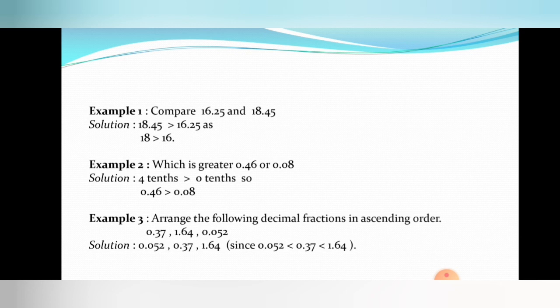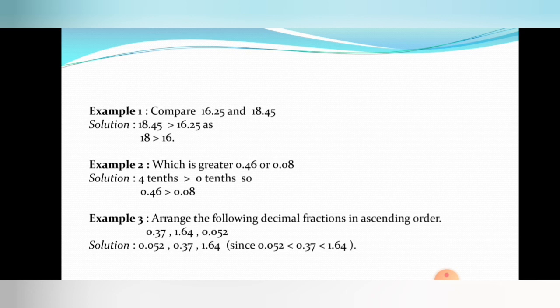So then we check the decimal places again. Here 0.37 and 0.052, right? 0.3 and 0.0, which is smaller? 0.052 is the smaller one.